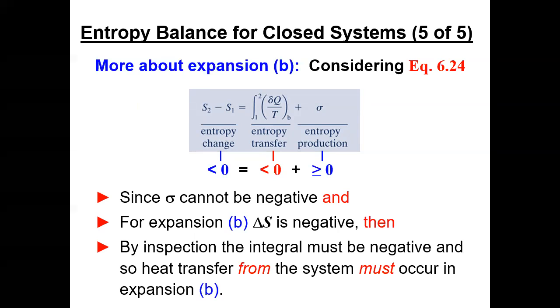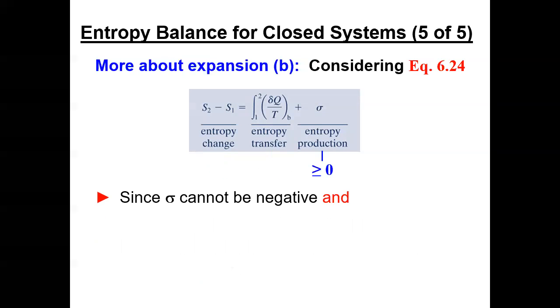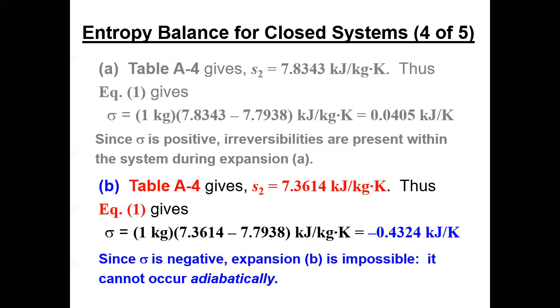Let's go back up, right there at the bottom. So if we're going to get between those two states for 1 kilogram, the entropy is going to decrease by 0.4324.